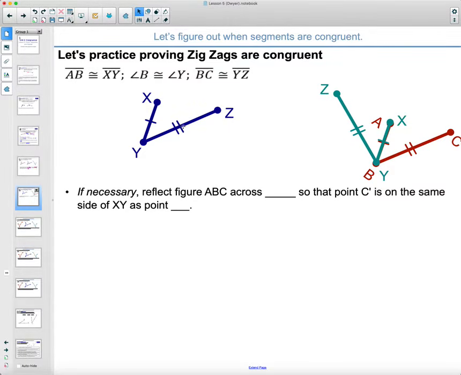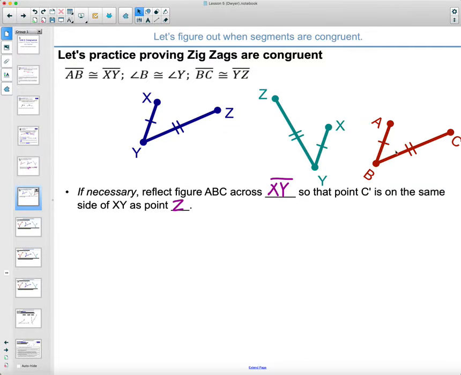So when you're proving this, you would say translate to get AB on XY. Then if necessary, reflect figure AB across what line? Across XY, the one that's matched up, so that point C is definitely on the correct side, the same side of XY as Z. We don't want it on the wrong side of XY.